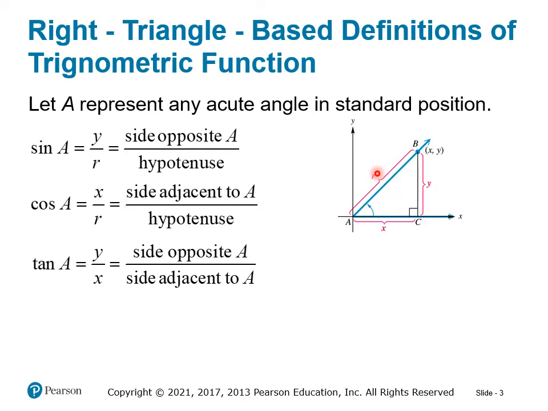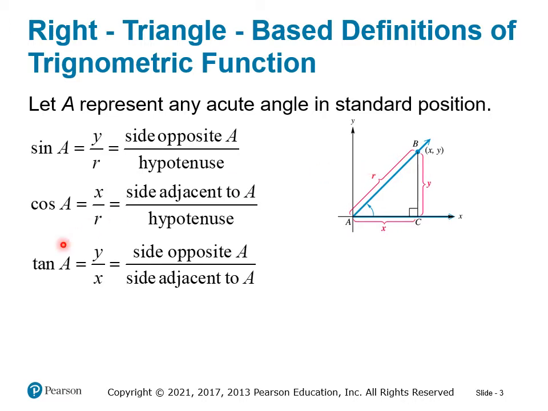And this would hold true for anything. So for example, if we wanted the sine of B, it is the side opposite, which would be x, over the hypotenuse. Okay? The cosine function translates into adjacent over hypotenuse.